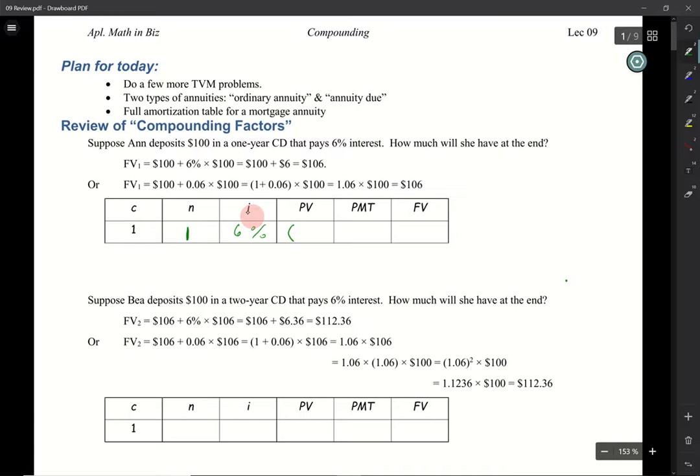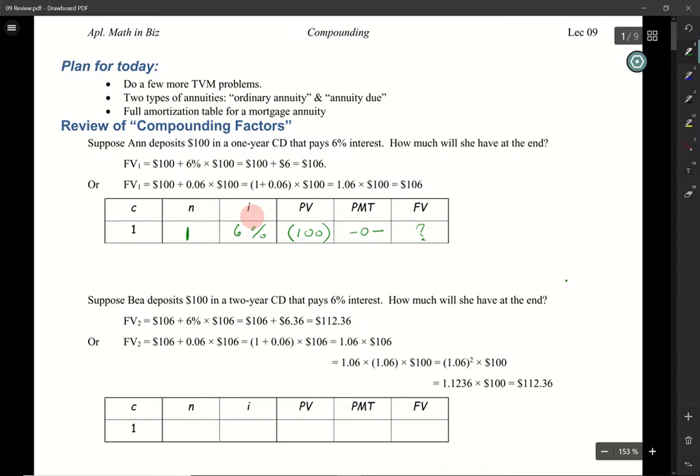She's depositing $100, so we could put in negative. Now we know that the PMT is an annuity amount, and there's no annuity here. The future value is what we're looking for, so we might put the question mark over there to help us remember that.